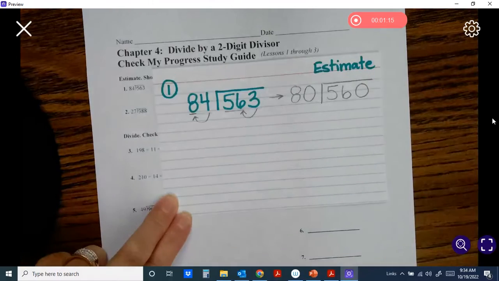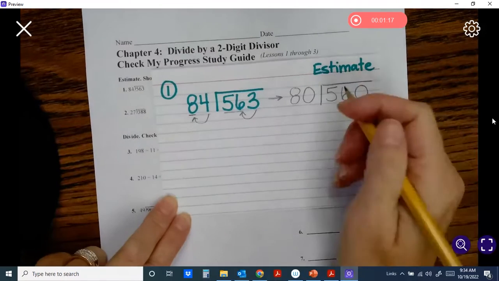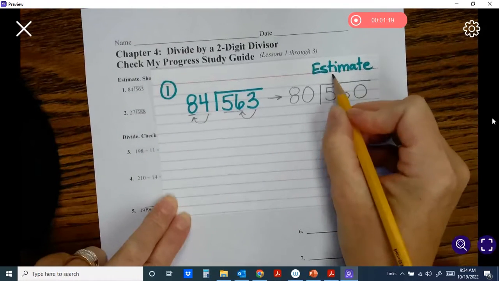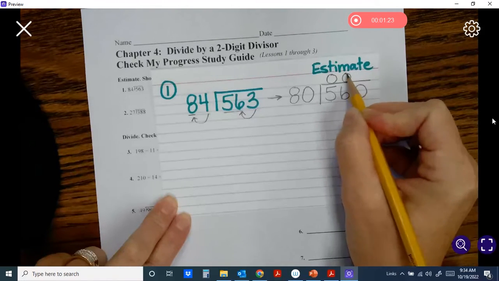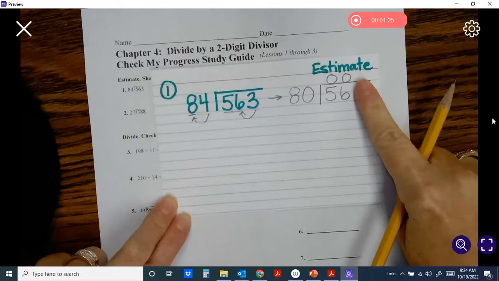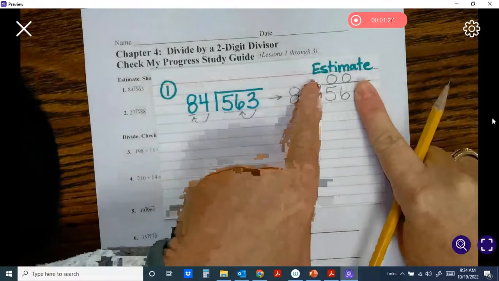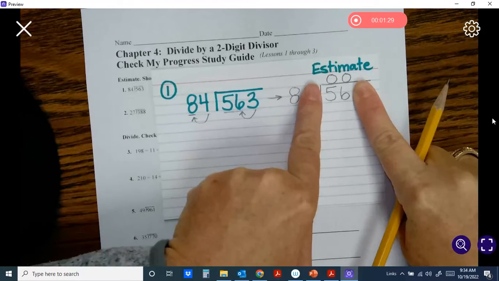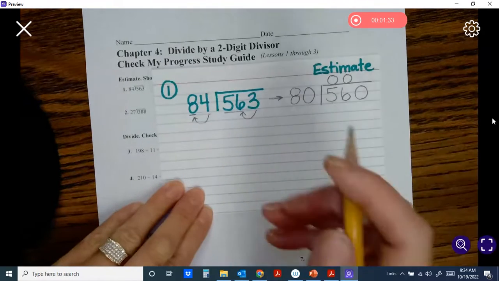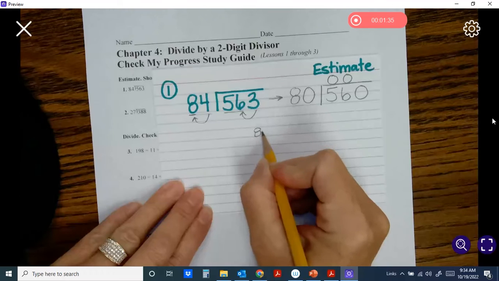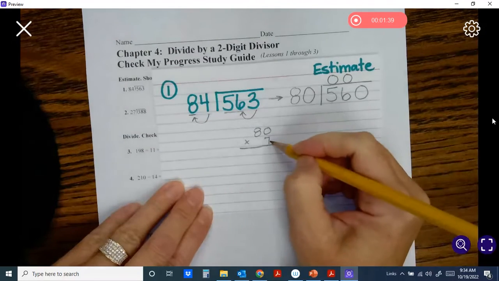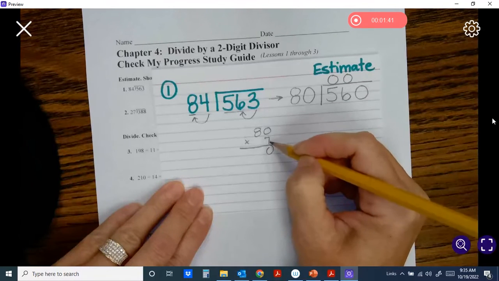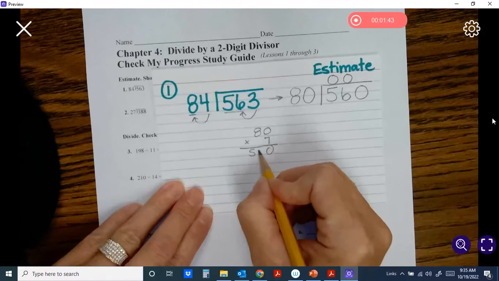All right, now, 80, now this is what I do. I cover up, 80 cannot divide 5. 80 cannot divide 56. Now, I cover up the last digit in both numbers. 8 can divide 56 7 times. So off to the side, I write 80 times 7. 7 times 0 is 0, and 7 times 8 is 56.